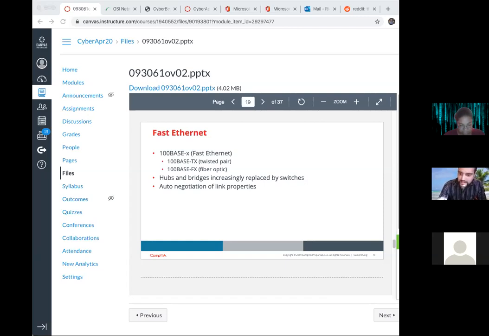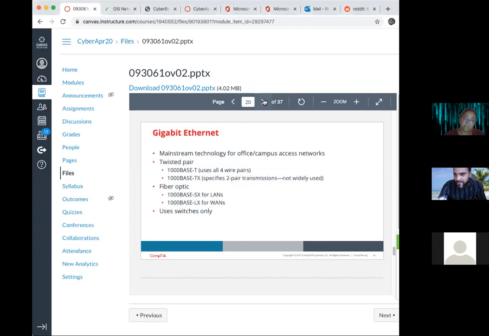If we have 2 network connections and one of them can only operate at 10 megabits per second, then by default it'll knock down to the 10.